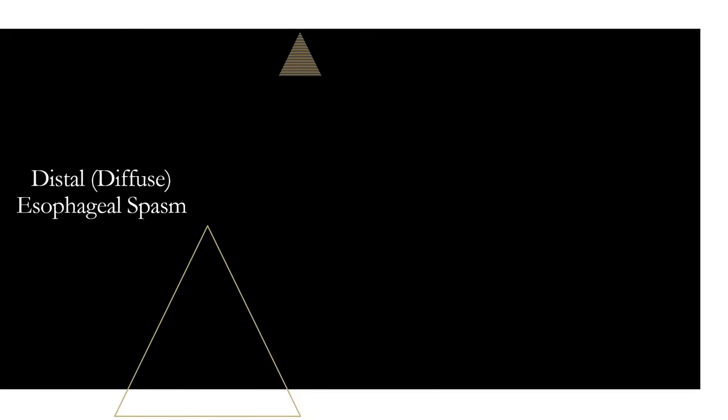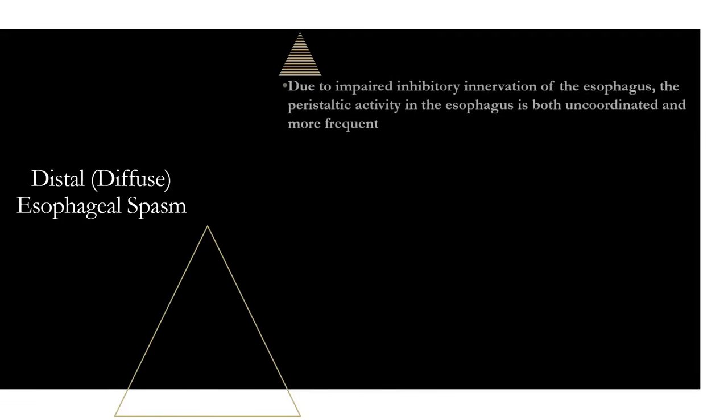So let's move on to distal, previously known as diffuse esophageal spasm. This is going to be due to impaired inhibitory innervation of the esophagus, and the peristaltic activity in the esophagus is both going to be uncoordinated and more frequent. In normal patients, peristalsis in the esophagus is a sequential coordinated contraction which travels the length of the esophagus.